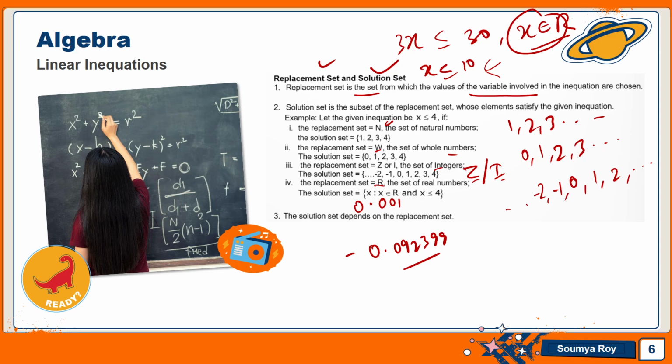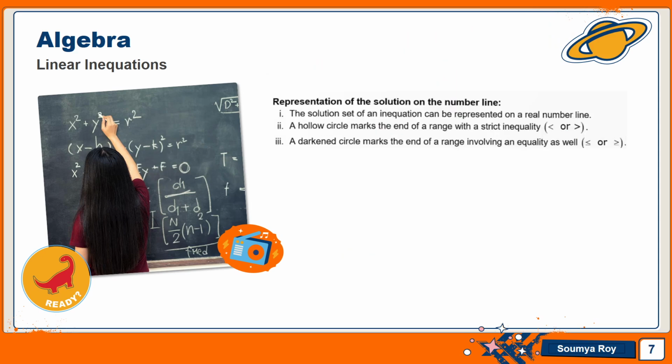So let's see, one more thing I want to show you. I forgot to tell you about the representation. Whenever there is a less than or greater than sign, if you are representing on a real number line, remember that for less than or greater than you have to give a hollow sign, like this, and then darken it.